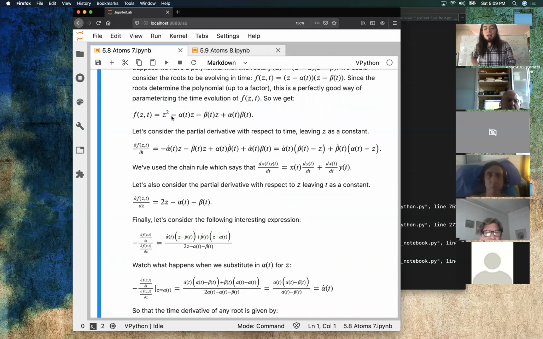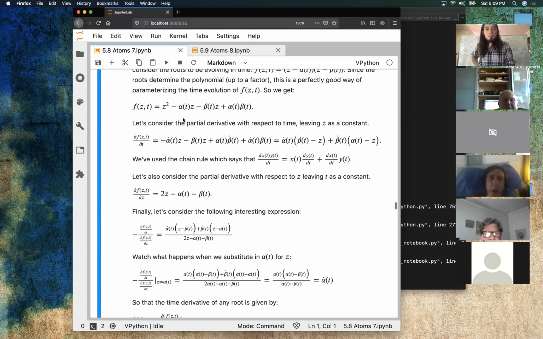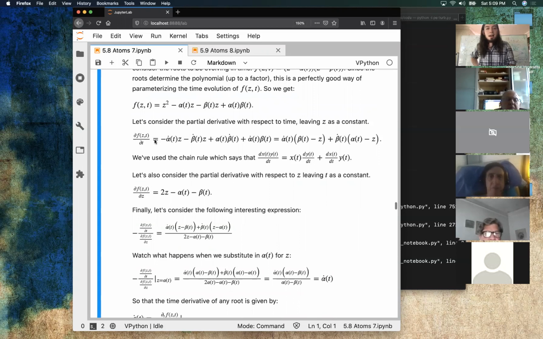If you multiply it out, you get this. I'm not going to justify every step here, I'm just going to show you that it works. So let's take the partial derivative of this with respect to time.